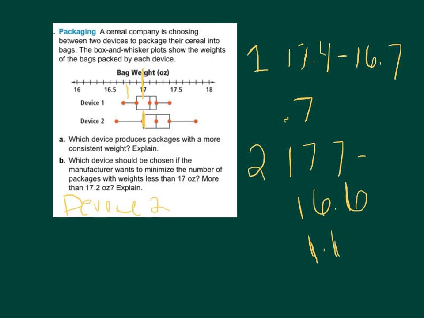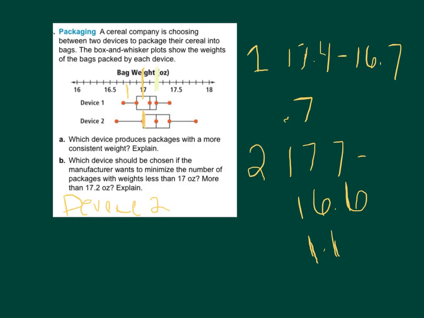Okay. The next one asks which device should be chosen if the manufacturer wants to have more than 17.2 ounces. So here is 17.2 ounces. Okay, if we look at device 1, it has 25% of its data greater than 17.2 ounces.